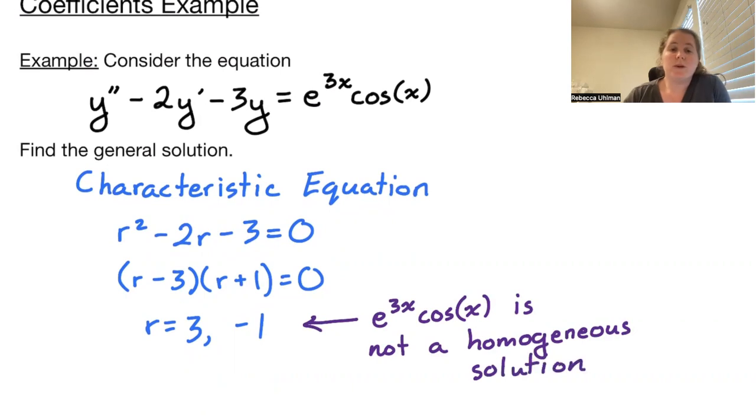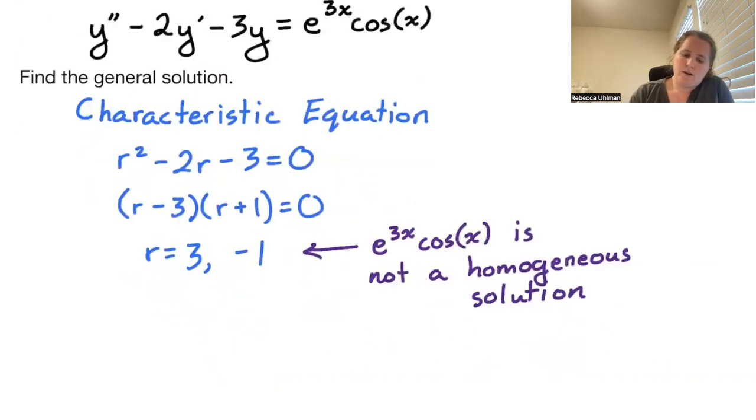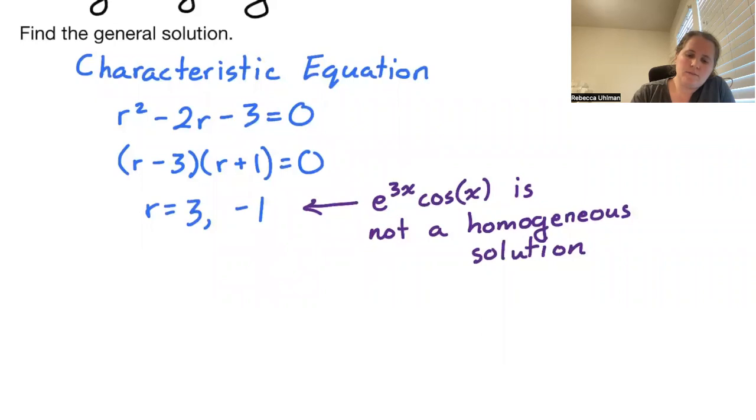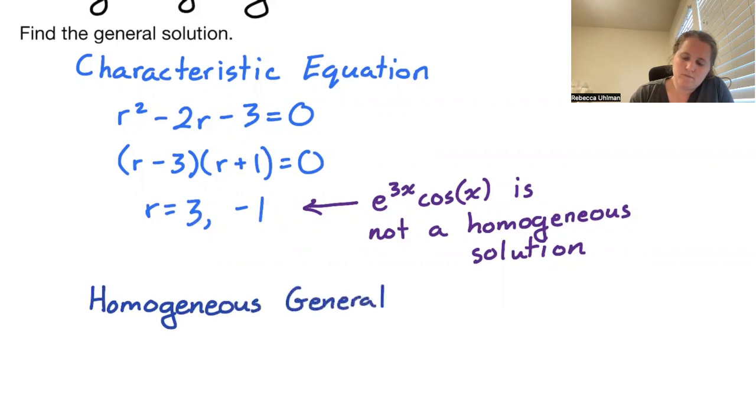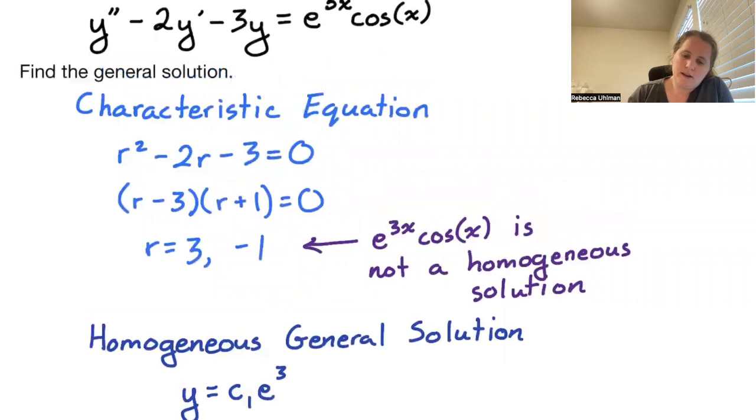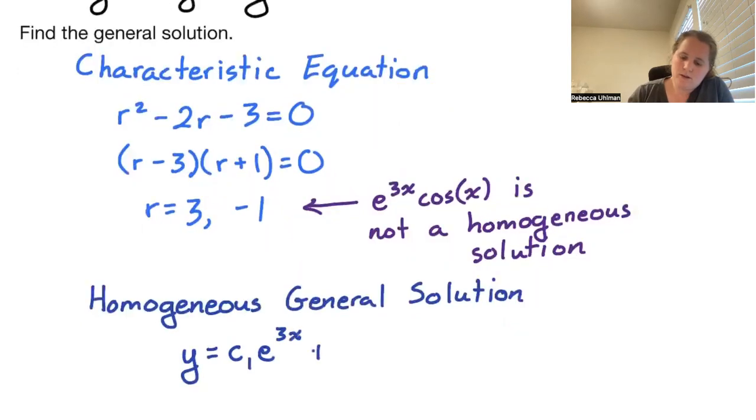So we're in the more simple case, right? From our characteristic equation, we can get that our homogeneous general solution is y equals c1 e to the 3x plus c2 e to the negative x.